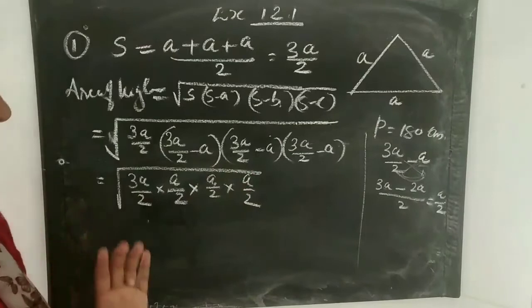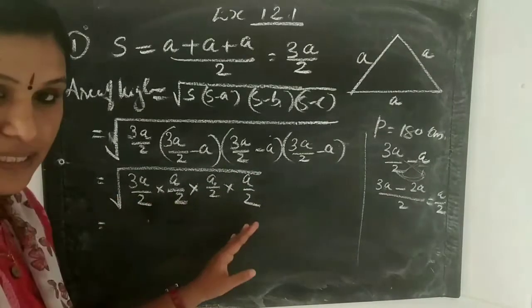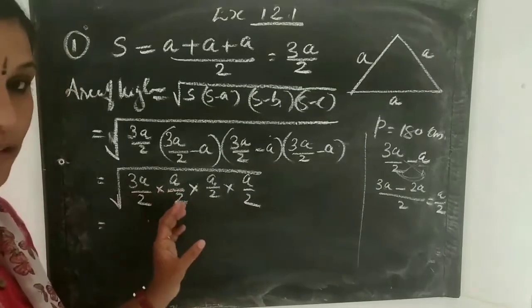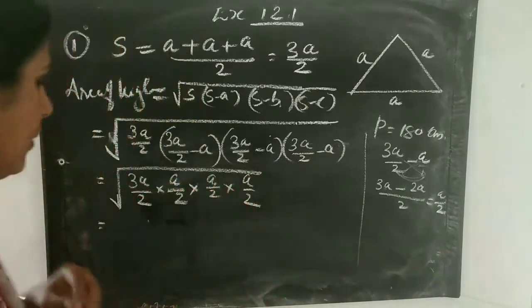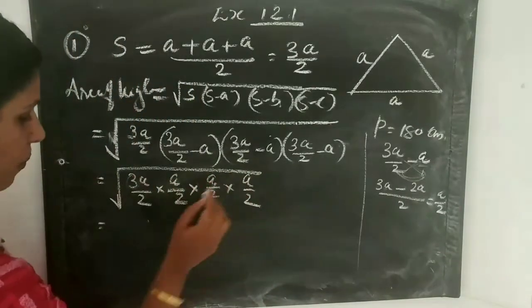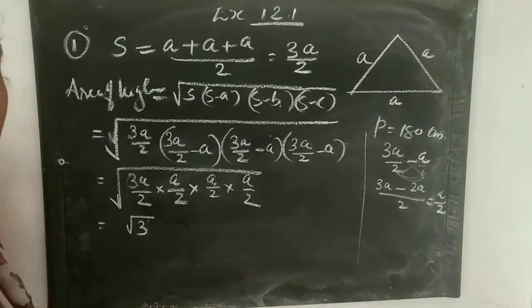Then, if any pair is there, we have to put that number or variable out of the root. So here 3 has no pair, so 3 stays in the root as root 3.